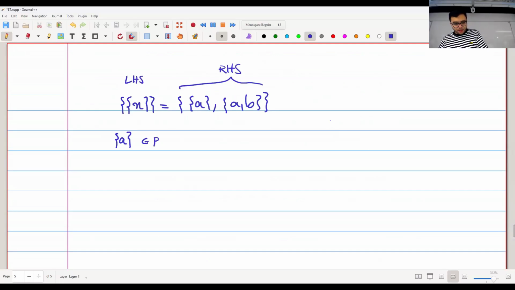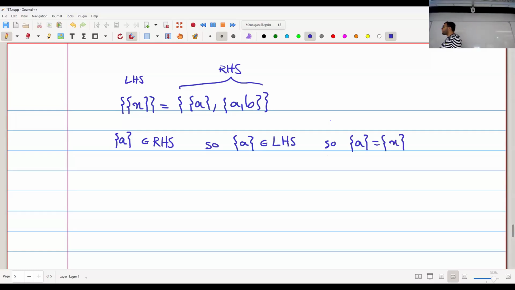This is an element of the right-hand side, so it has to be an element of the left-hand side. So this is in the left-hand side. But the only element of the left-hand side is X. So I should have that A is equal to X.